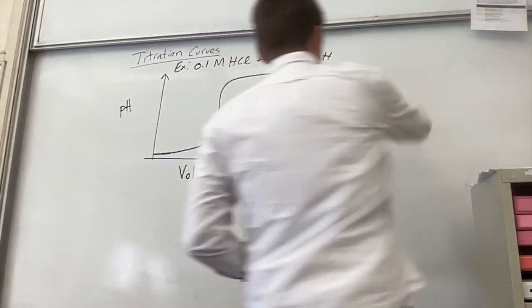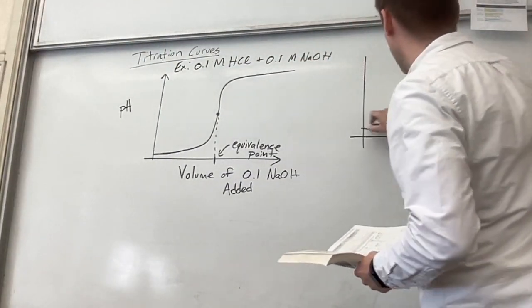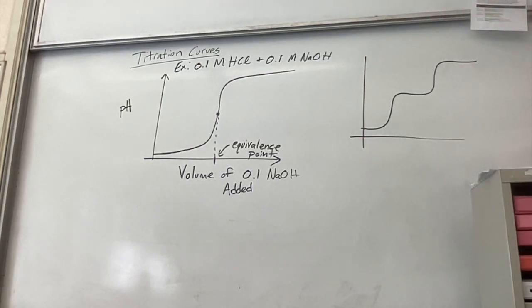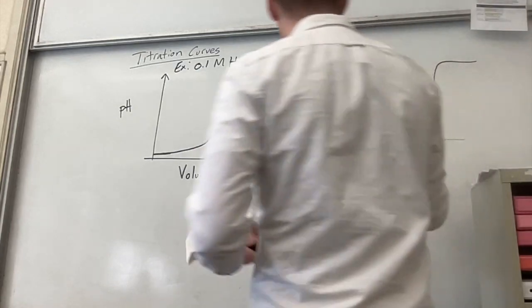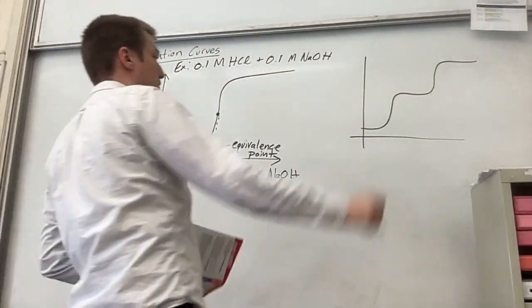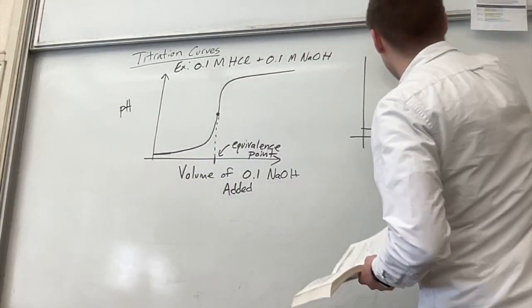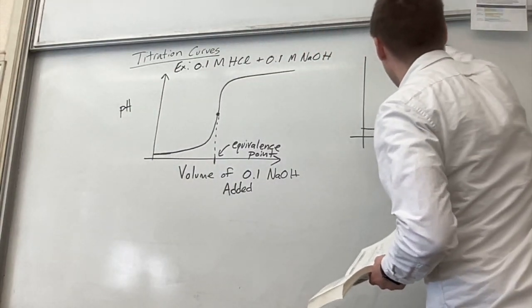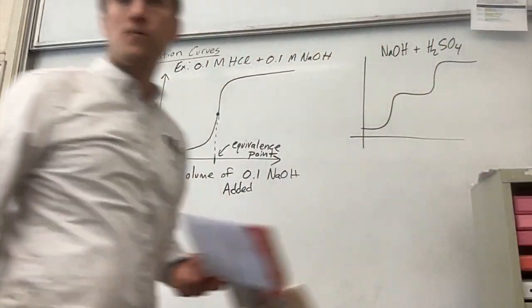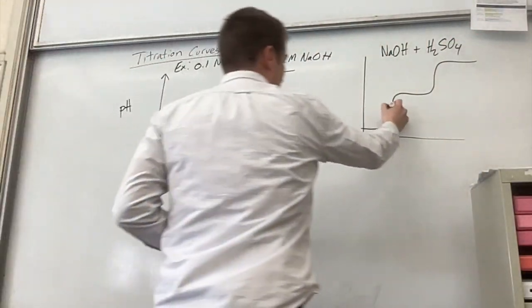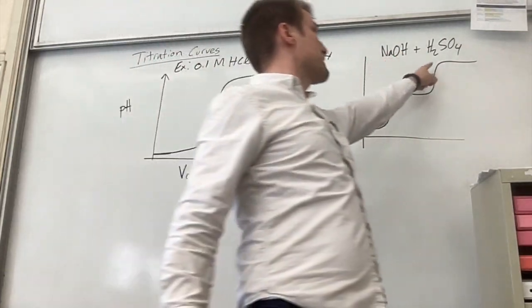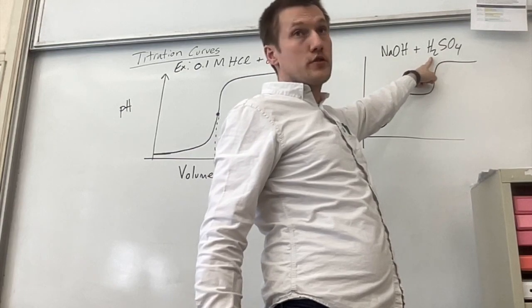Sometimes you might see a curve that has more than one step, like that. And that would be for, say you were doing the same thing, adding NaOH, but that would be for NaOH added to like H2SO4, where the H2SO4 is an acid that's going to donate 2 protons.